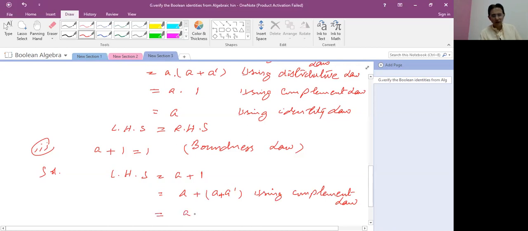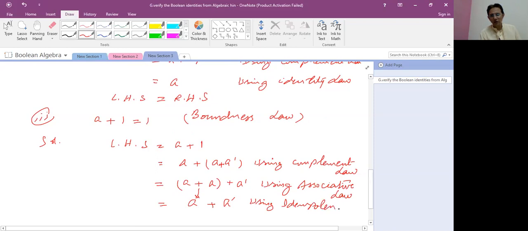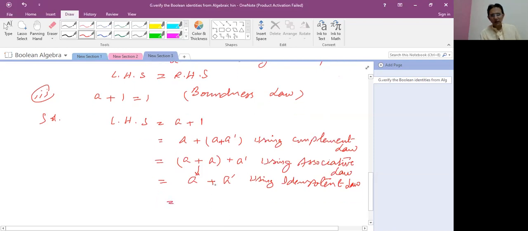Student, if we consider A plus A complement using associative law with respect to addition, there are three terms A, B, C. So A plus B plus C, which is equal to A plus A is equal to A plus A complement using idempotent law, which is equal to A plus A complement, which is equal to 1 using complement law.